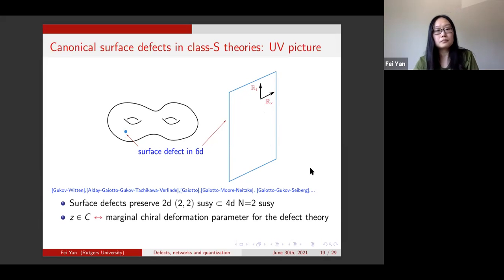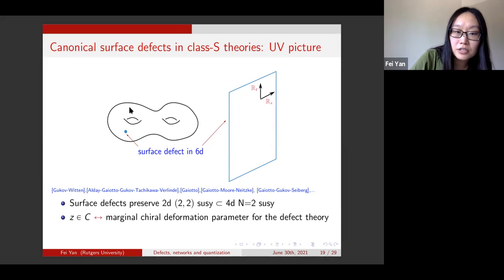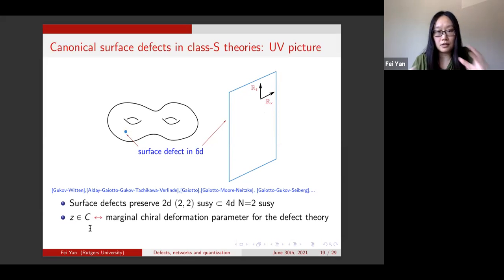This kind of surface defect preserves 2D (2,2) supersymmetry embedded into the 4D N=2 supersymmetry algebra. The location of the insertion point of the surface defect in 6D, a coordinate Z on the Riemann surface C, has another intrinsic meaning for the surface defect theory as a marginal Kähler deformation parameter.